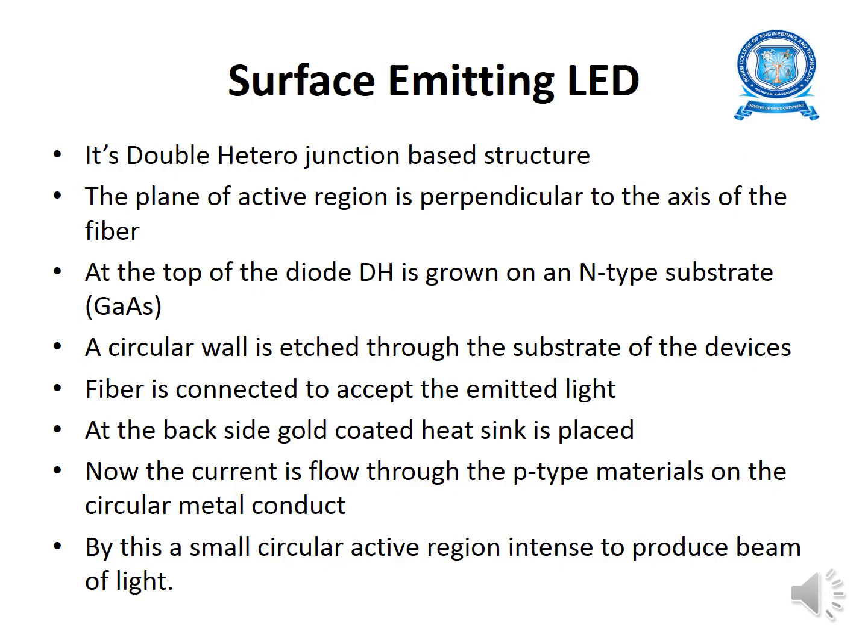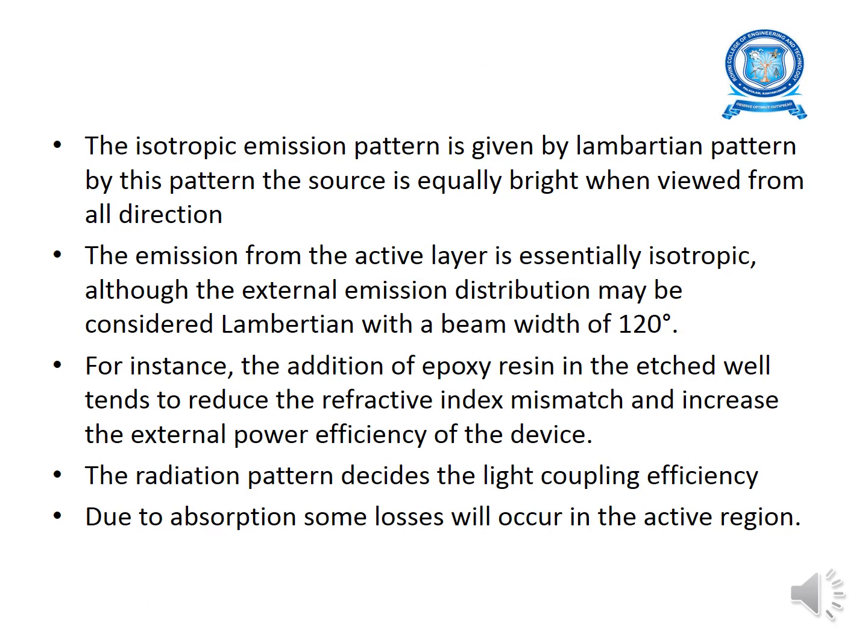Now the current flows through the P-type material on the circular metal contact. By this, a small circular active region is formed to produce the beam of light at the center of the active region. This gives an isotropic emission pattern, which is the Lambertian pattern.